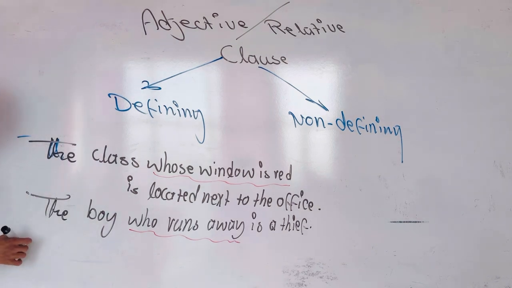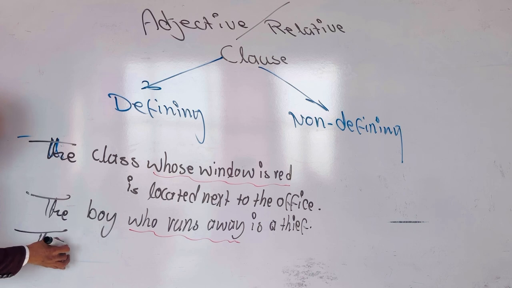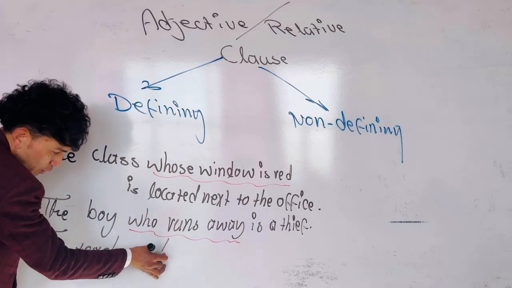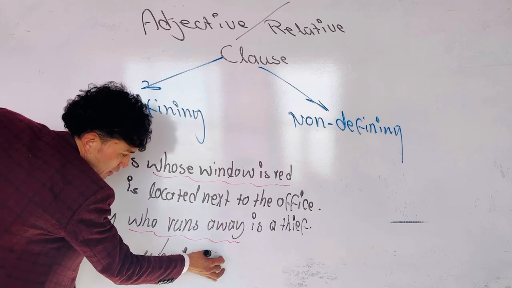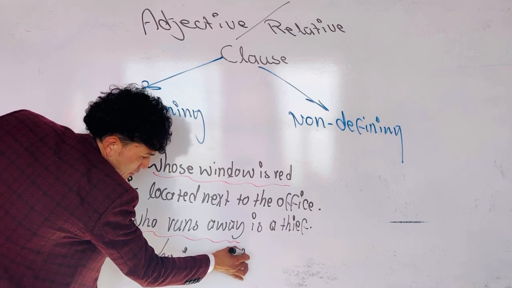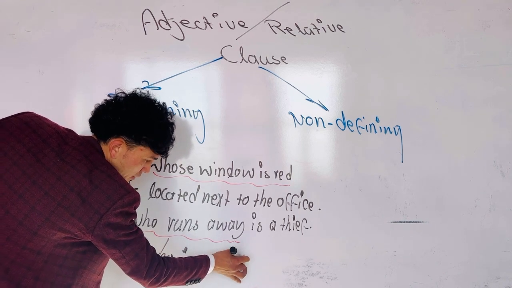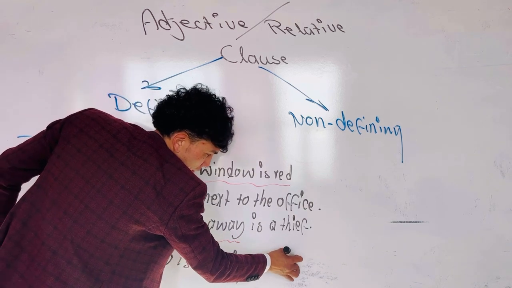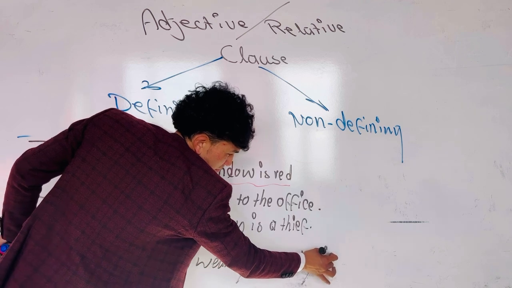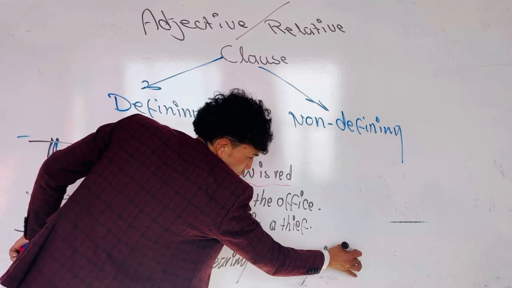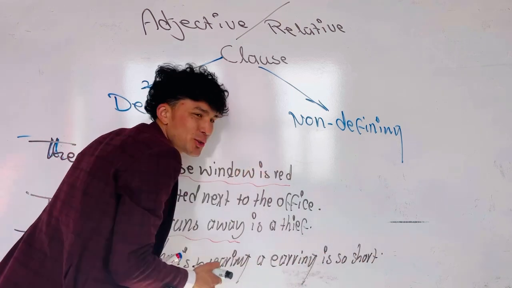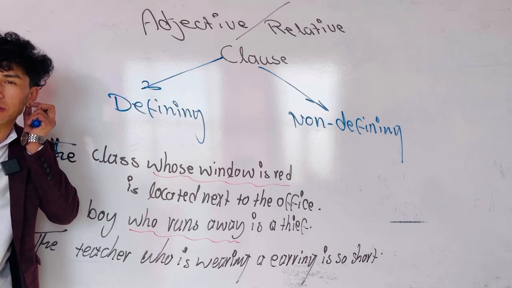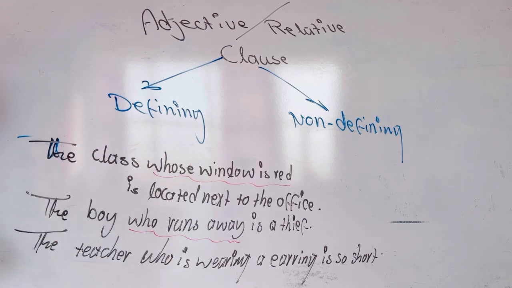Okay. Next example. The teacher who is wearing an earring is so short.